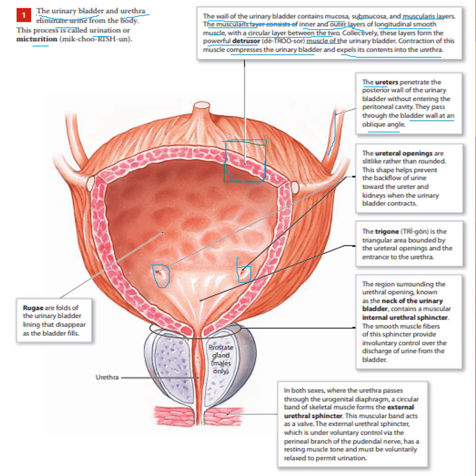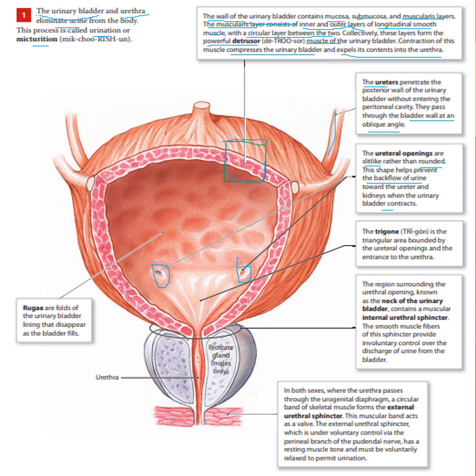The ureteral openings are slit-like. As you can see, these are slit-like rather than rounded. This shape helps prevent the backflow of the urine towards the ureter and kidneys when the urinary bladder contracts.